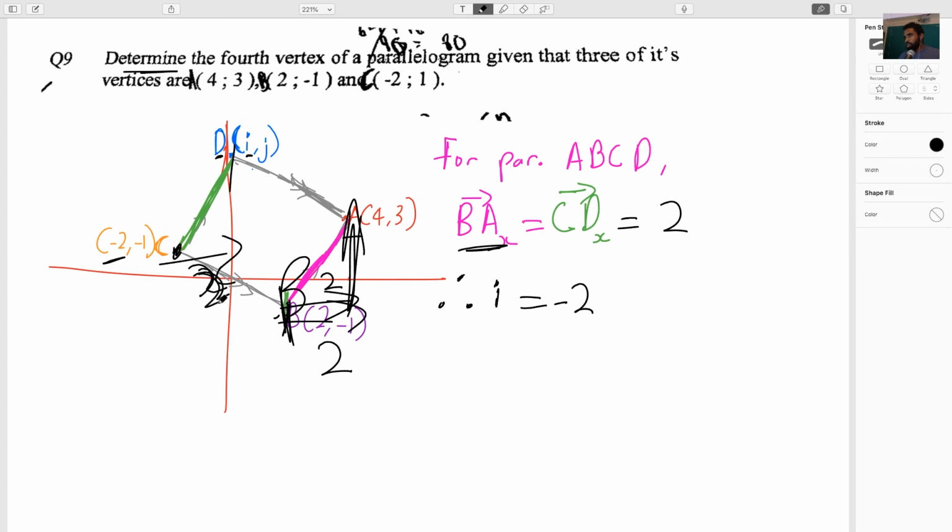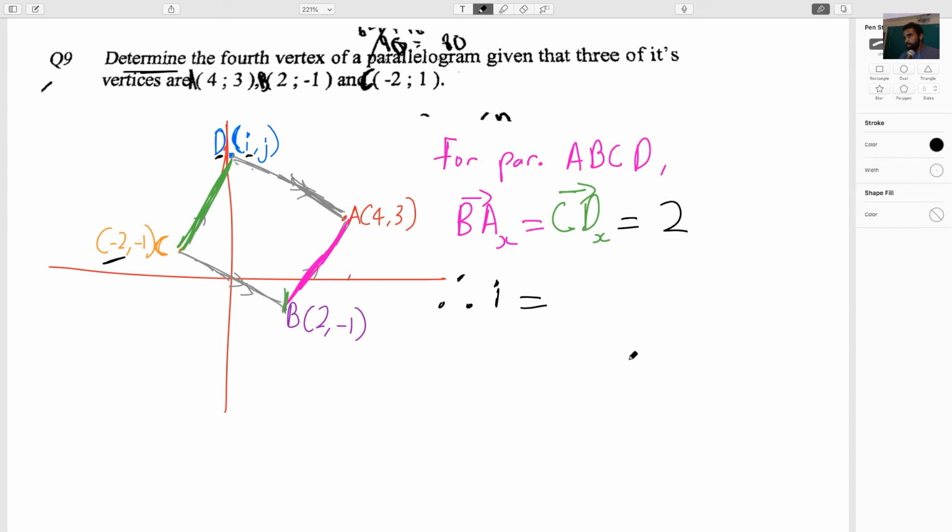To find I, which is the x of D, we take the minus 2 of C and move forward by 2. So we do minus 2 of C plus 2, and that will give us 0, which tells us that this I here is 0. So we can write comma 0.